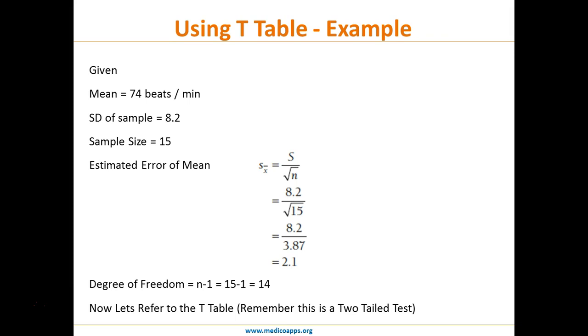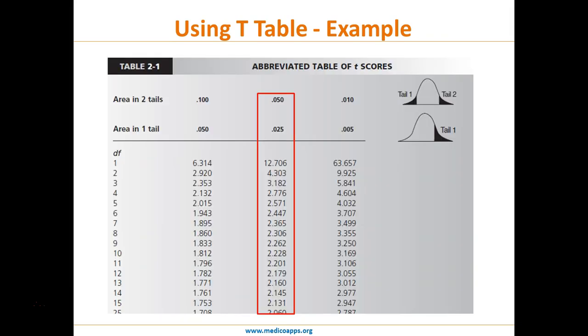This is a 2-tail test, because we are asking for the range of heartbeat for 95% of the population. We are not talking about what percent will have more than this or less than this. It's more about a plus minus situation, so it's a 2-tail test.